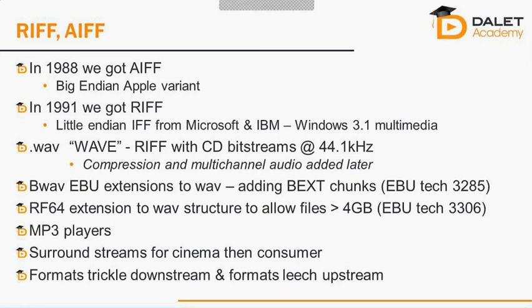The EBU extended the WAV format to have some of these extra chunks that describe things that you need if you're going to be doing broadcasting. So broadcast WAV, or BWAV, is essentially just a WAV file with extra chunks. Those extra chunks have different 4CC codes to identify them, and we end up with BWAV. An application that expects BWAV but gets WAV may fail because it doesn't find those extra chunks.